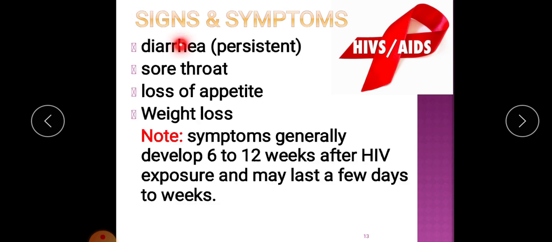Also, persistent diarrhea or loose bowel movement, sore throat, loss of appetite, or weight loss are also observable in the HIV or AIDS client. Note that the symptoms generally develop 6 to 12 weeks after HIV exposure and may last a few days to weeks.